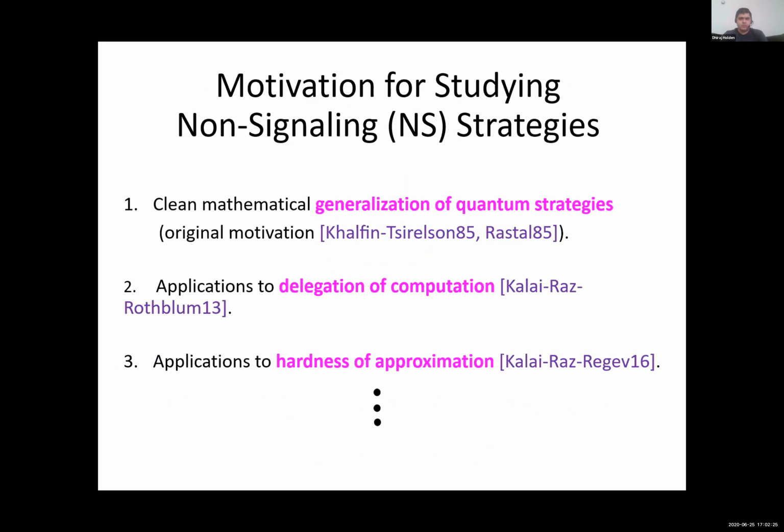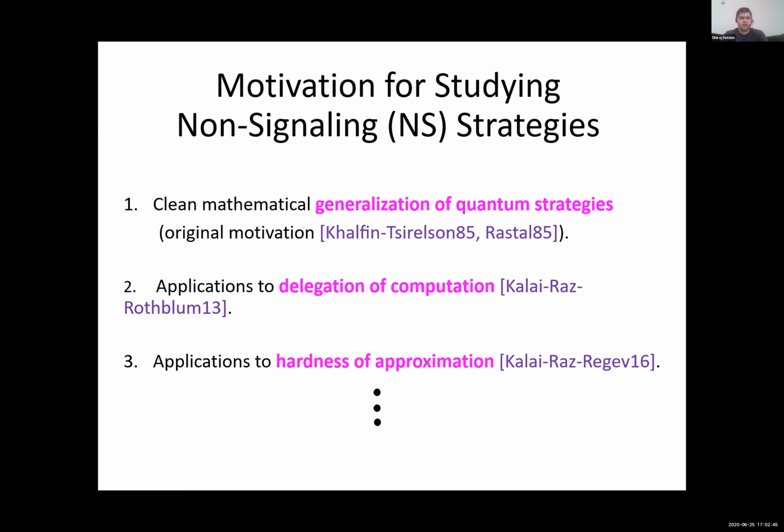So what is the motivation for studying non-signaling strategies? The original motivation was to provide a clean mathematical generalization of quantum multi-prover interactive proofs.